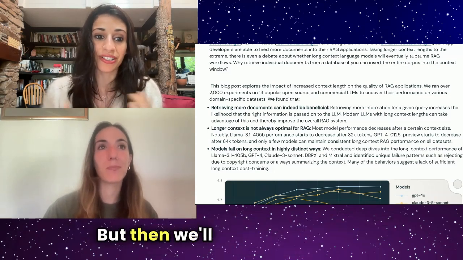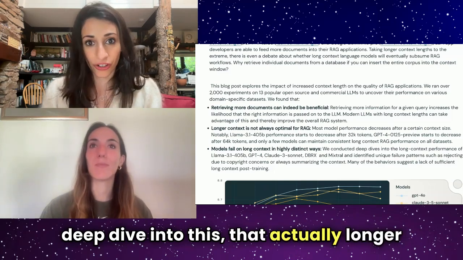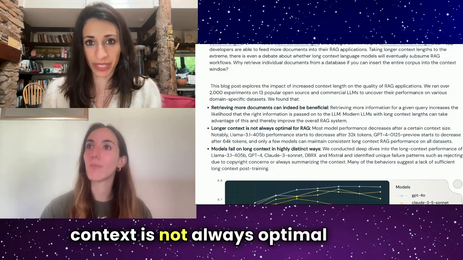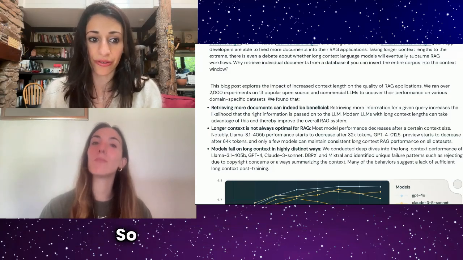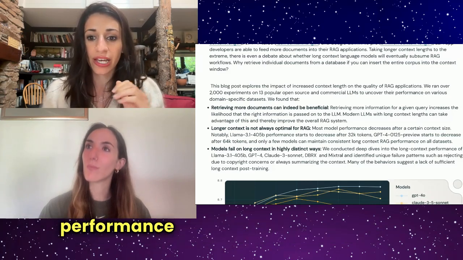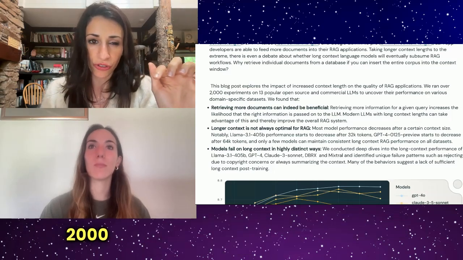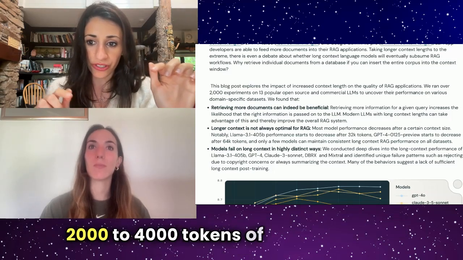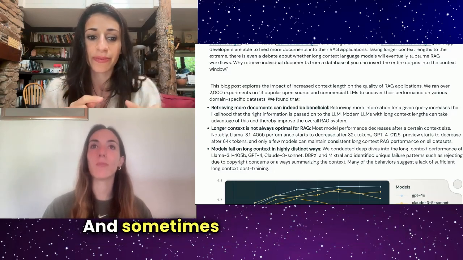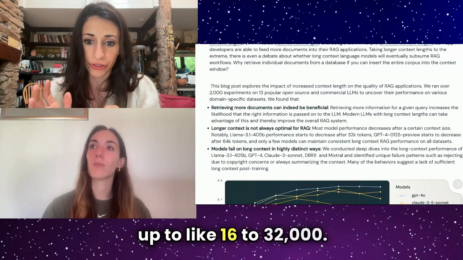Exactly. But then we'll see, when we deep dive into this, that actually longer context is not always optimal for RAG. But you can really see an increase of performance across all the models evaluated from 2,000 to 4,000 tokens of context length. And sometimes it can continue increasing up to 16 to 32,000.